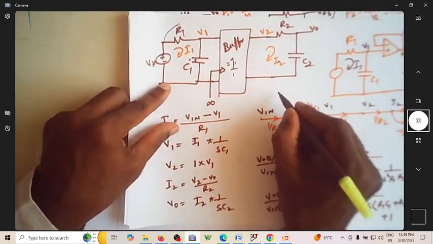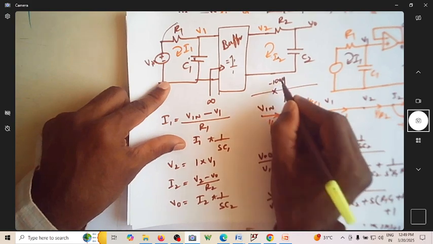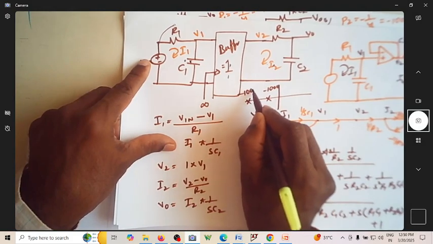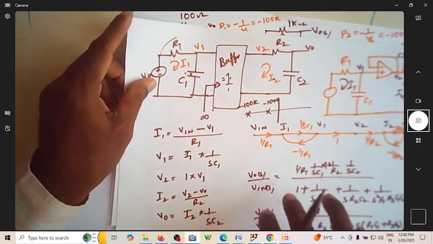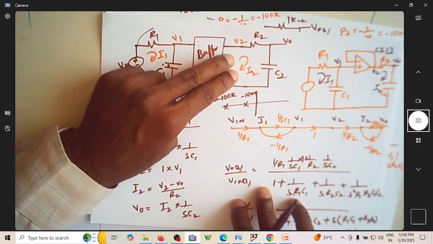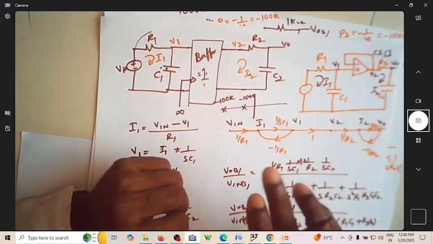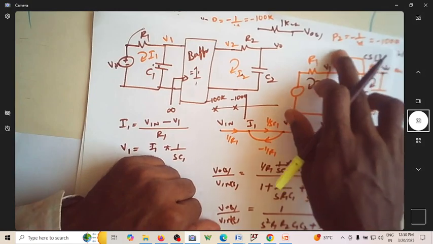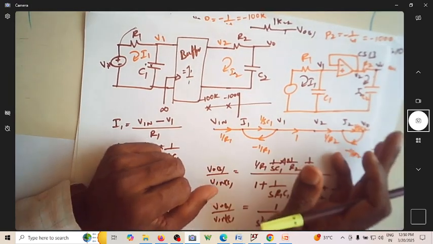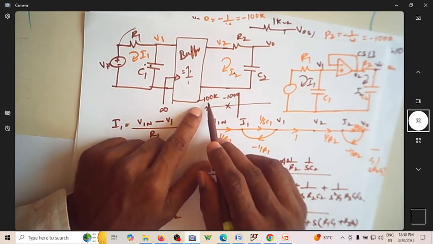It has now resulted in a pole at minus 1000, which is due to this, and the pole due to this is at minus 100k. Whatever you intended, the poles at minus 1000 and minus 100,000, you are getting because you have used a buffer. Circuit wise, this is having a gain of 1, but in terms of pole position, they are totally different.